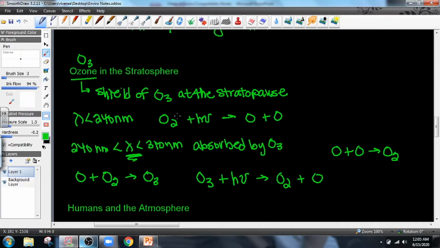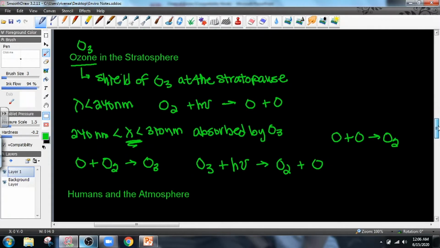And that is needed in order to produce free oxygens that go on to produce O3. It's like this beautiful, regenerating, recycling cycle. You guys, nature knows how to produce these renewable cycles. We should follow nature's lead more often. It's beautiful.